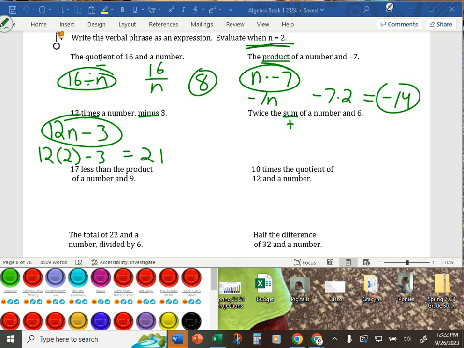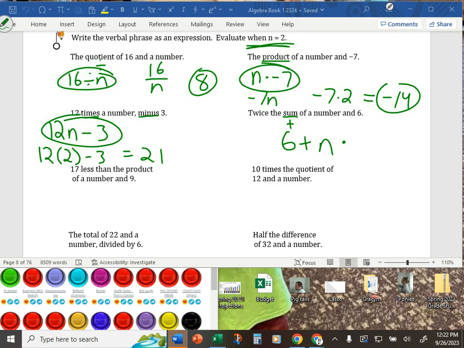So 6 plus n. Okay, twice the sum, so times 6 plus n.